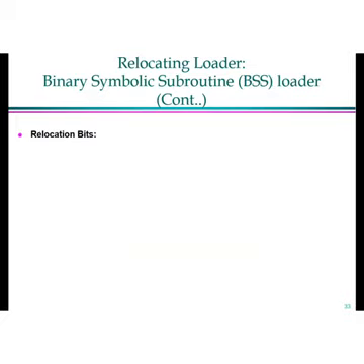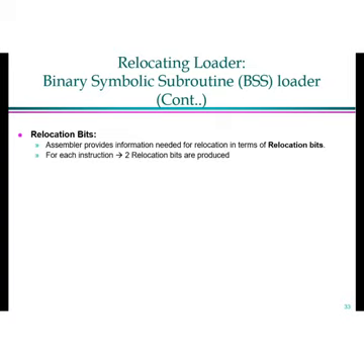And now let's understand how these relocation bits are distributed in instruction. Your instruction is of 4 bytes. Out of these 4 bytes, where the relocation is expected, that info is given by 2 bits. So assembler provides this information for each and every instruction, and we call them relocation bits.